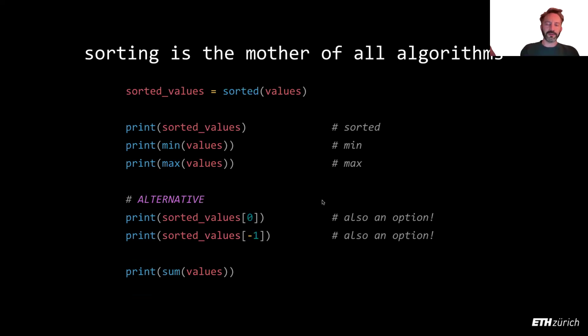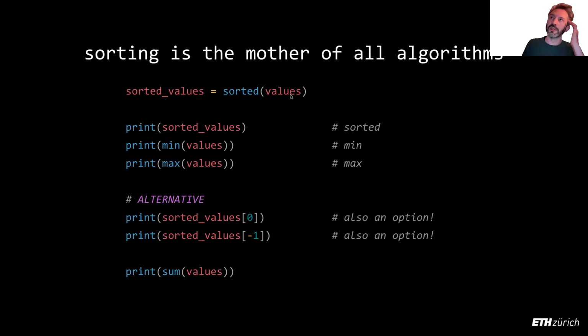And then to wrap up on these types, remember what I mentioned at some point in the previous semester, sorting is the mother of all algorithms. There are a lot of things that are done by sorting the data first and then doing it. For example, Python has built-in functions for calculating min and max of a list.